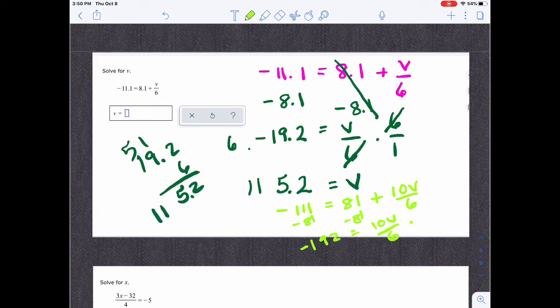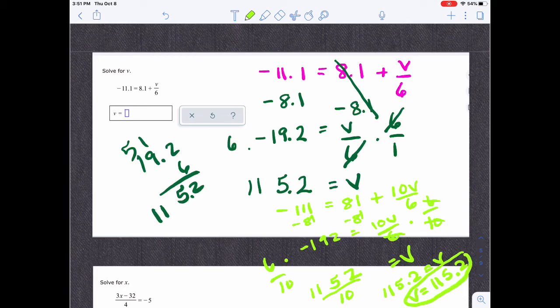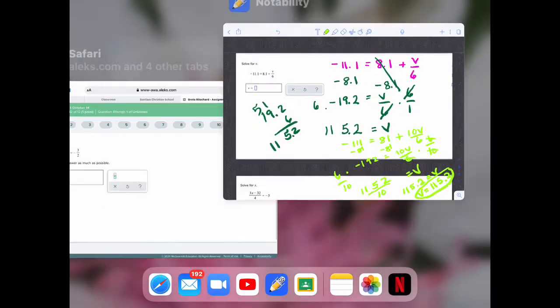And then I go times 6 over 10. Wow, that's a lot of multiplying. I'm not sure that that really helped us at all. In this case, I'm not sure I would recommend going to the trouble.